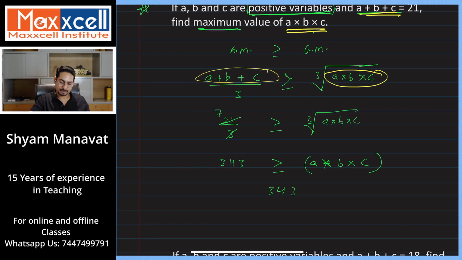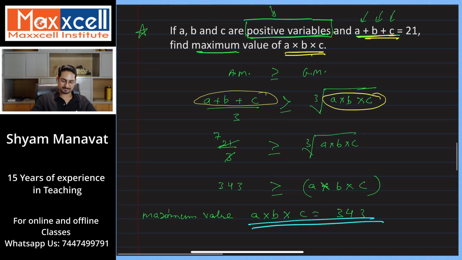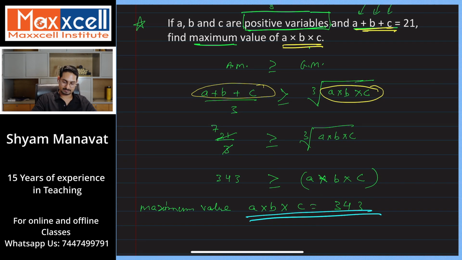So maximum value which A into B into C can take is what? 343. Clear? Easy? Yeah? Okay. This is, oh, by the way, this is the answer, huh? This is the answer.